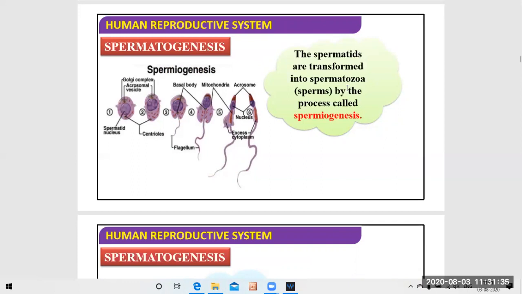Spermatogenesis and spermiogenesis, the word is a little different. Spermiogenesis means formation of ready sperms, the conversion into spermatozoa. So a little bit develops here, then a little bit there, and slowly there is formation of the tail, neck region and head region, and it is fully developed. This is the structure of a fully developed sperm.